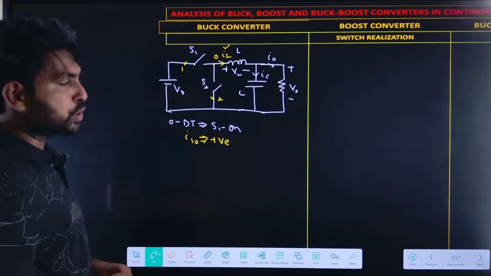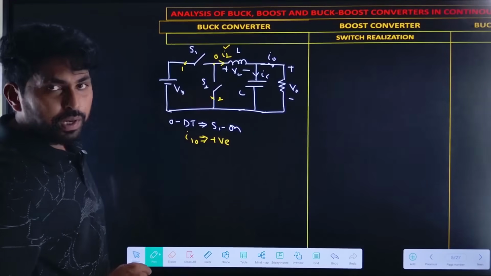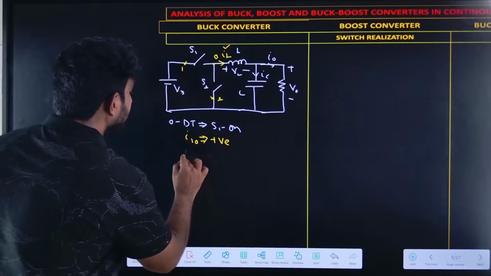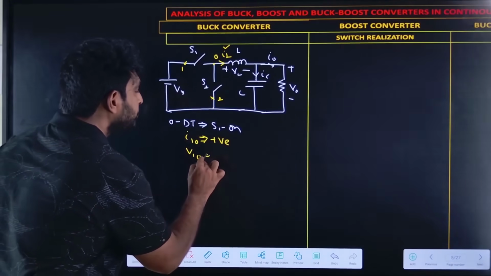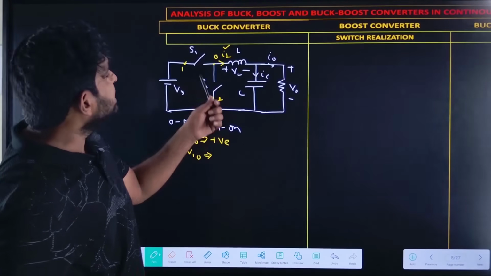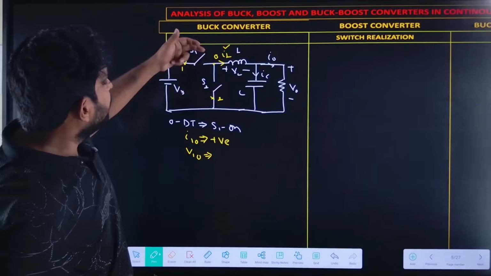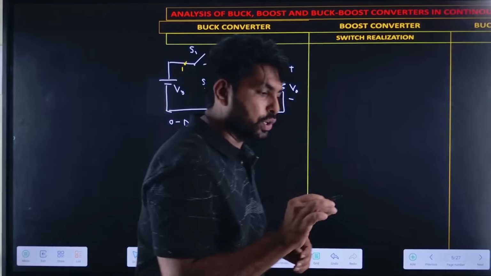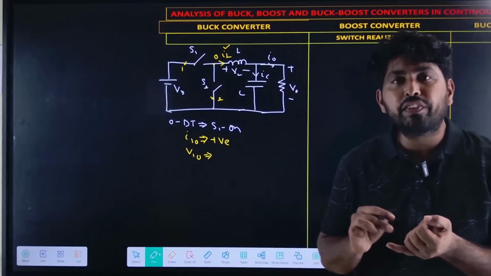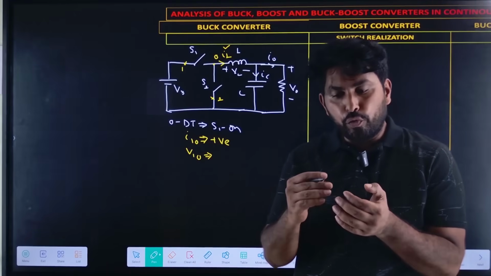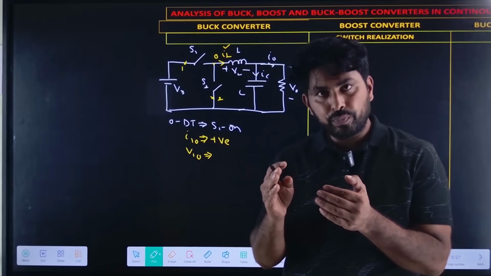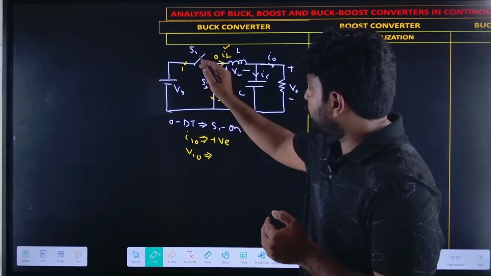I10 also is positive. Now, for example, if I take the V10, how can we find the V10? Listen carefully. To find the V10 polarity, we need to turn off the switch S1.